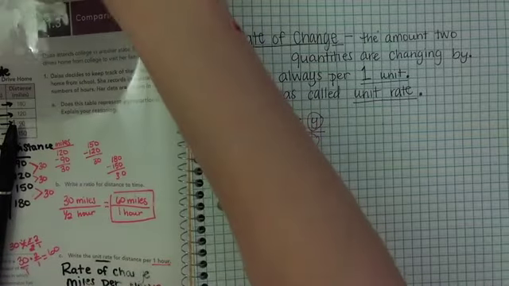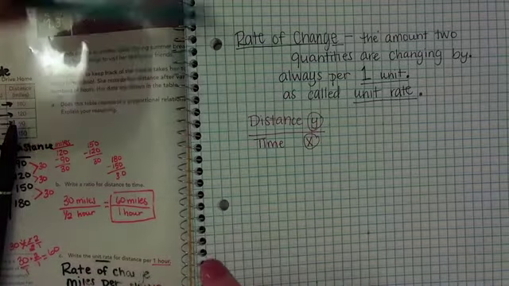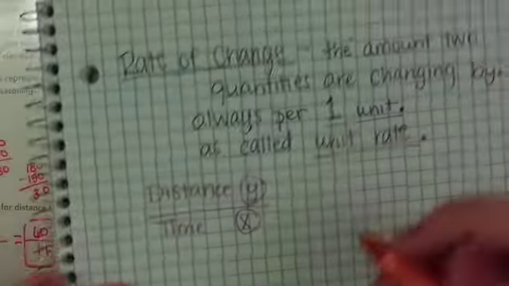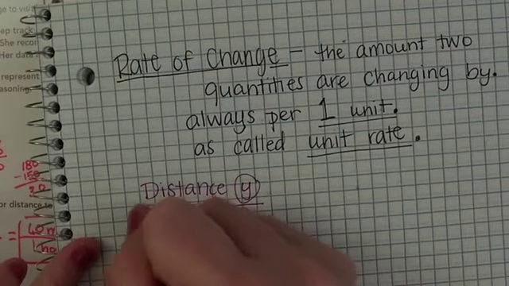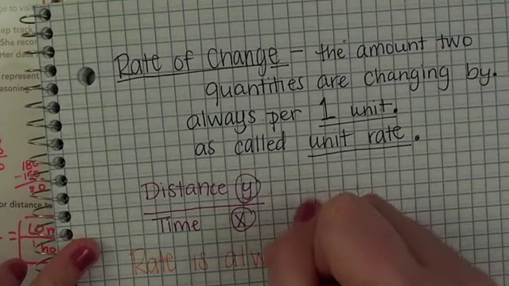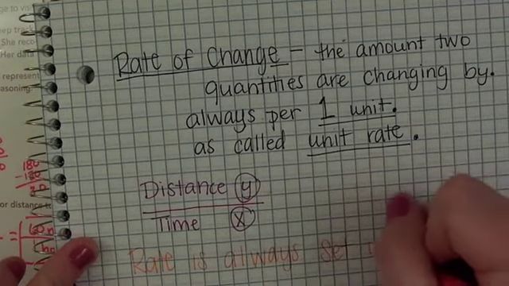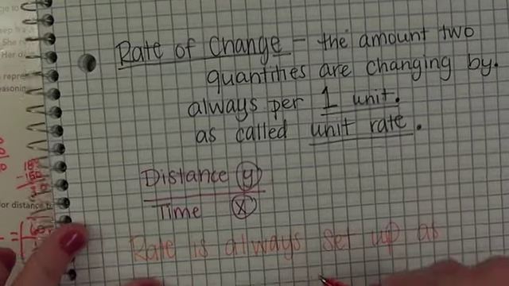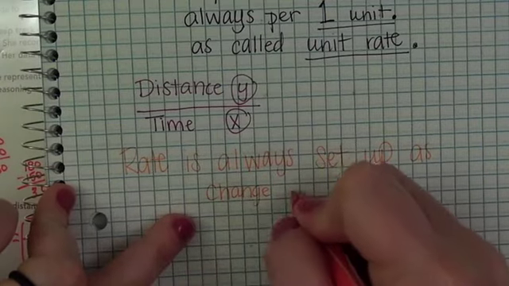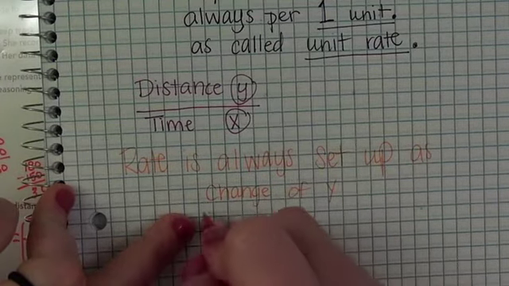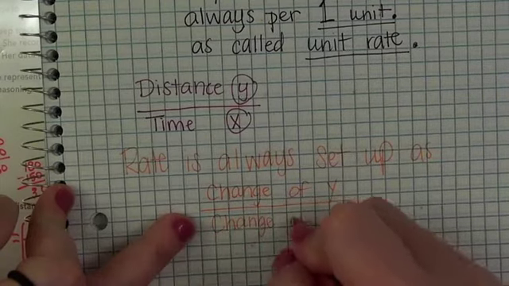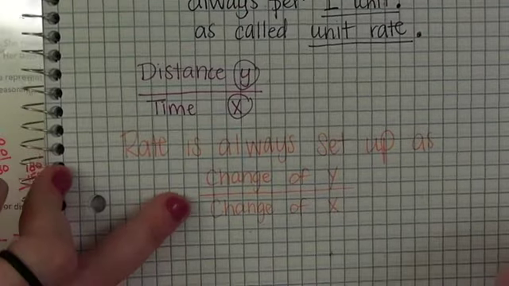I do want you to write this note just so that we have it for future reference. So we're going to say the rate is always set up as change of y over change of x.